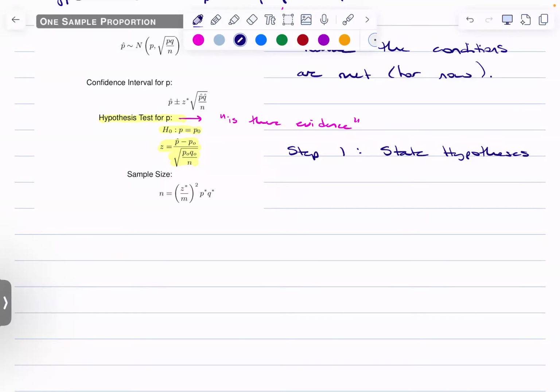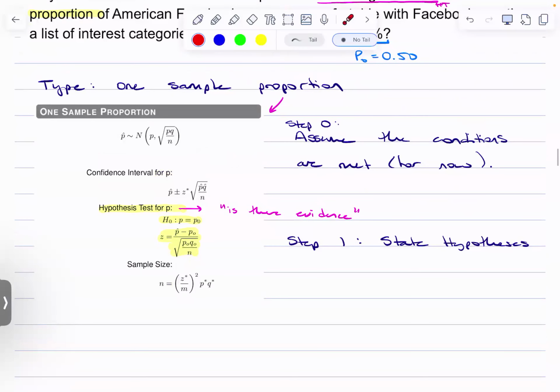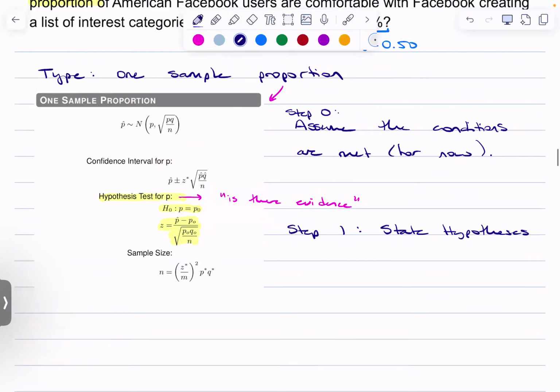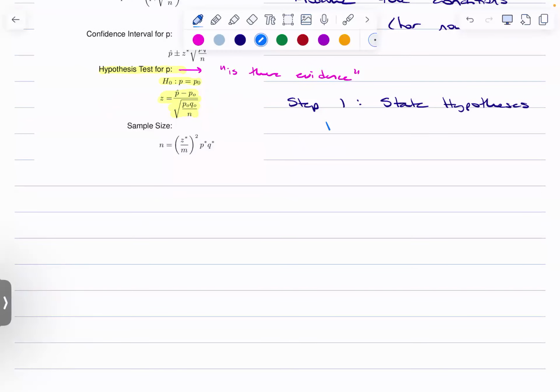We already decided that this is a one sample proportion type of question. So if I'm doing a hypothesis test, it will be about P. I want to hypothesize about the population proportion P. And I also am told that my null hypothesis in general is going to be that P is equal to P naught. So we can start here. The null hypothesis is a statement, so I only want to see colons there.